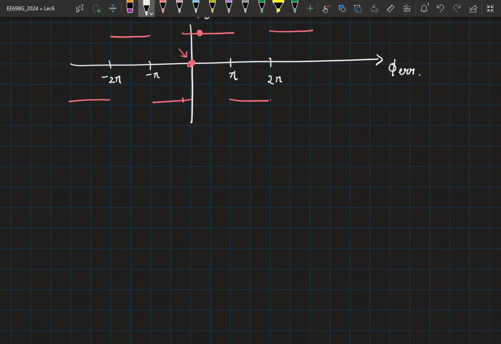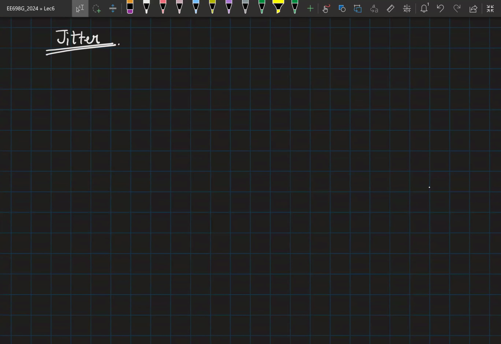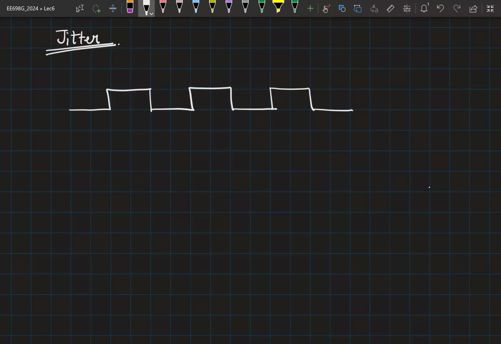So let me tell you a few things about jitter. Anytime you have a clock signal you're dealing with, it has jitter. So let's assume that this is the very ideal clock, and these are the points at which you expect the rising edges to occur.